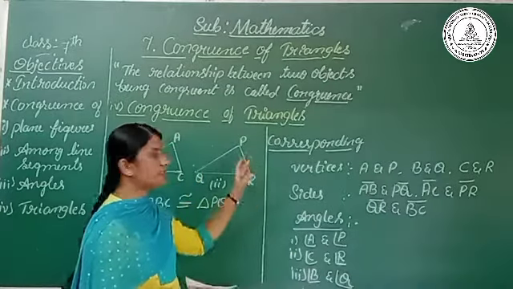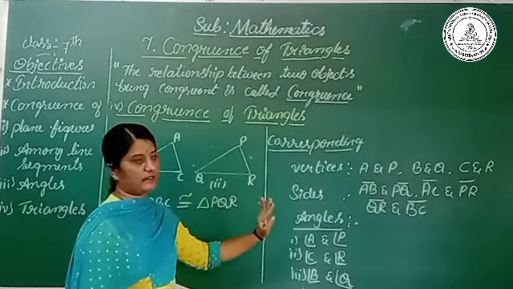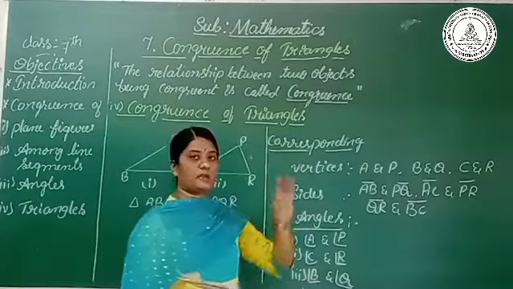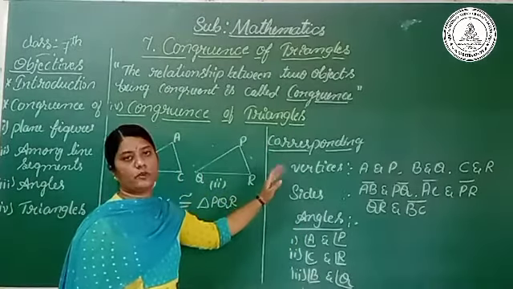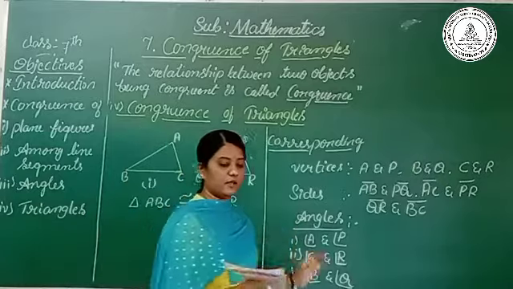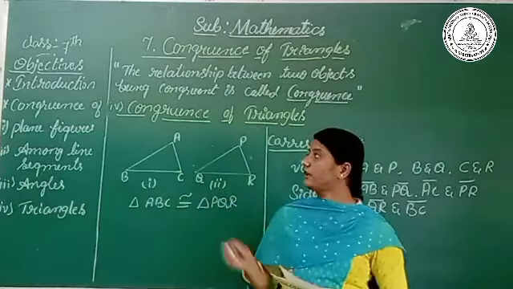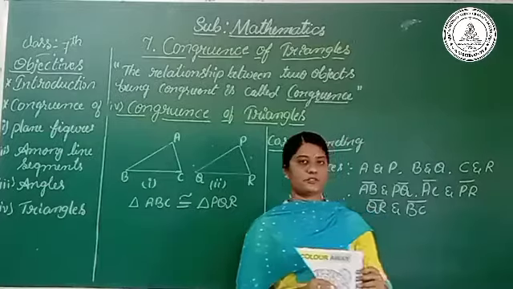A triangle has three sides, three vertices and three angles, so we get three pairs of corresponding sides, vertices and angles. So that is all about the congruence of triangles.